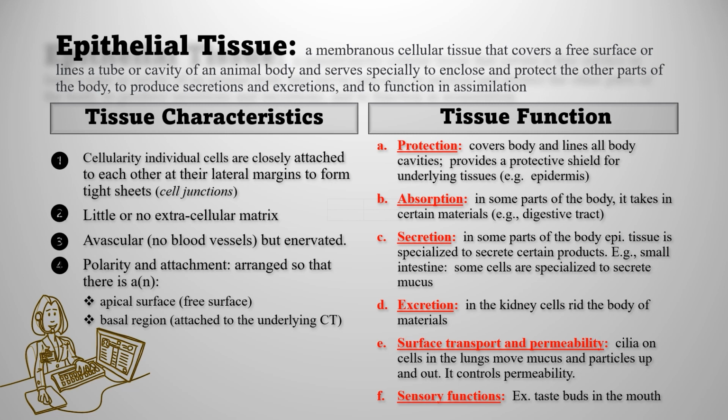So it is a type of membranous cellular tissue that covers a free surface or lines a tube or cavity of an animal body or human body as well, and serves especially to enclose and protect the other parts of the body, to produce secretions and excretions, and to function in assimilation.